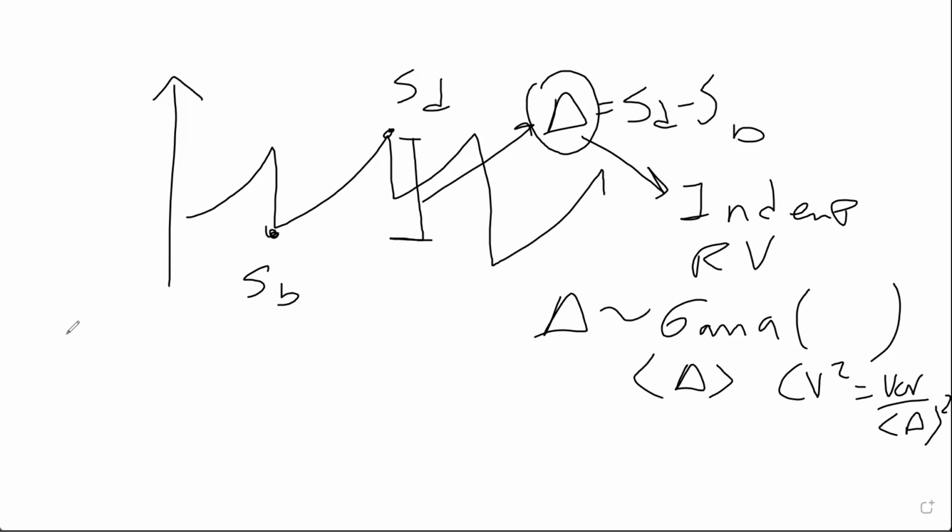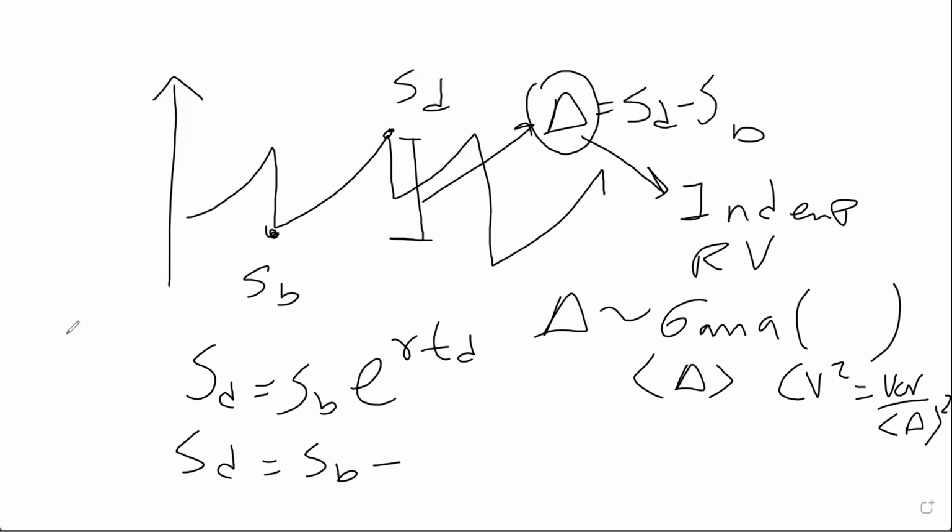I don't want to go into details of this, but essentially, given this, the size at division is also size at birth times e to the growth rate gamma times time to division. And I can also use this: size at division is just size at birth plus delta, and this delta is a random variable.